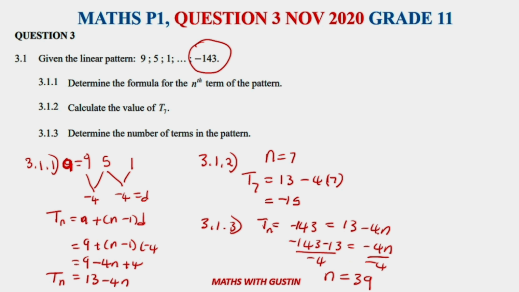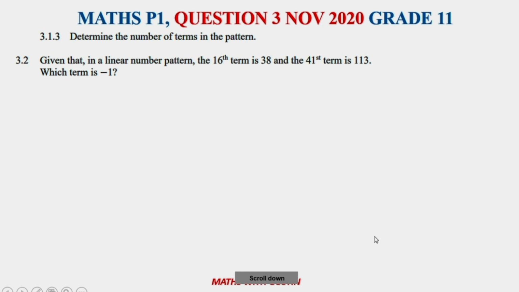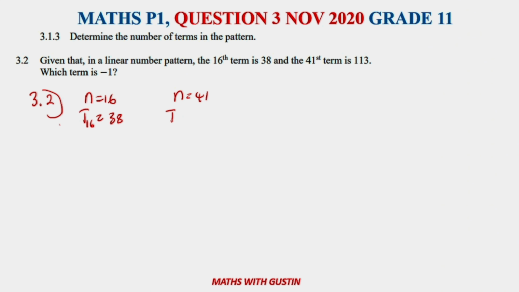Okay, so let's move on to 3.2. Question 3.2 says that given that in a linear pattern the 16th term is that and the 41st term is that, which term is negative 1? What you are given here is that when n is equal to 16, the term number 16 is 38, and when n is equal to 41, T41 is equal to 113.